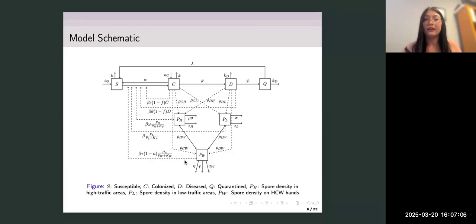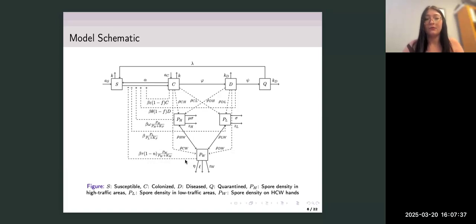One thing you can see a lot in this is that there are solid lines and also dashed lines. The solid lines indicate actual movement between classes, so a resident actually moving from one class to another, whereas dashed lines describe the interaction between classes. For example, the dashed line from D to S indicates a susceptible person interacting with a diseased person, and that contributes to the susceptible person actually moving into the colonized class.